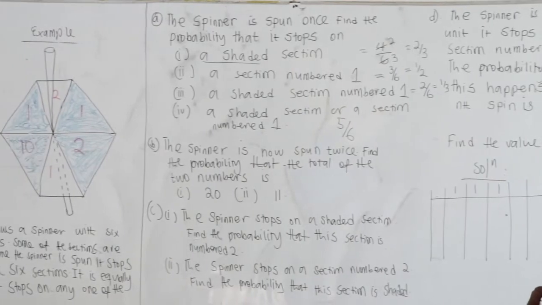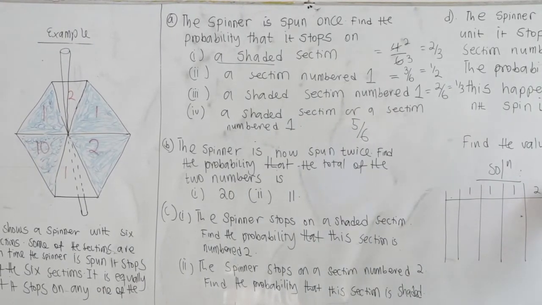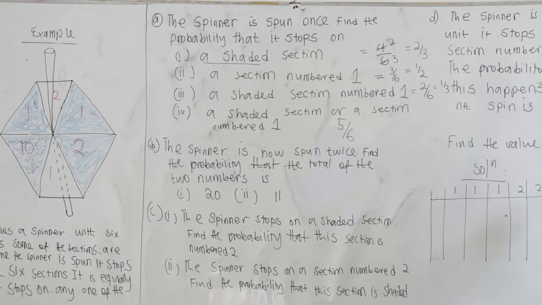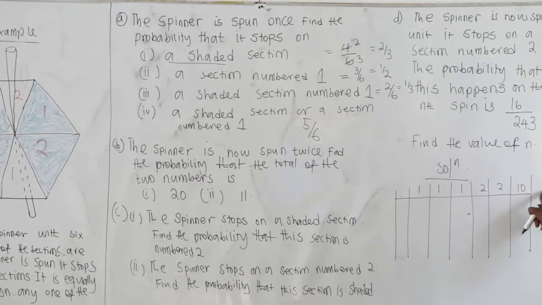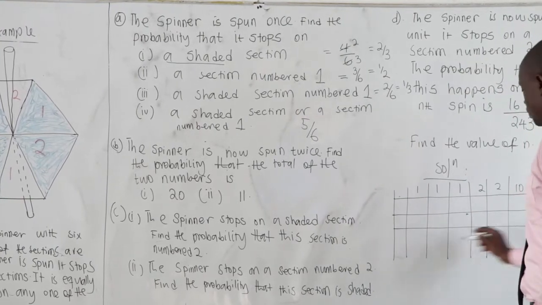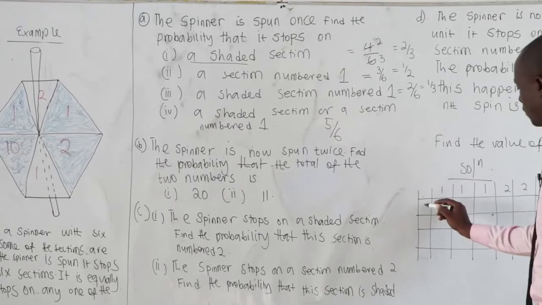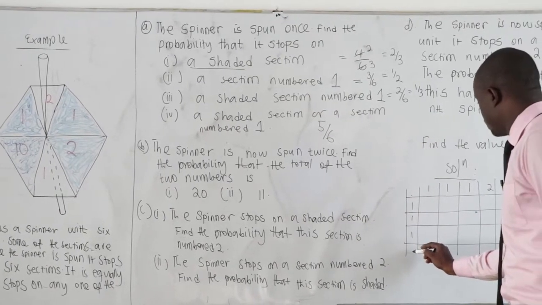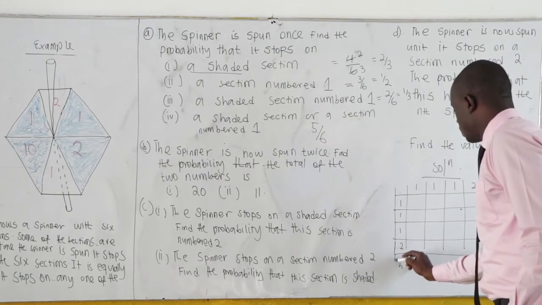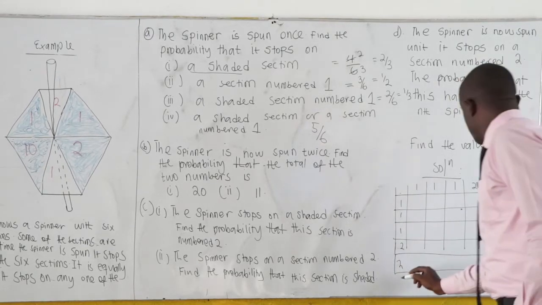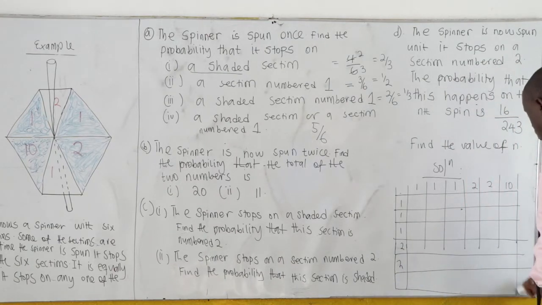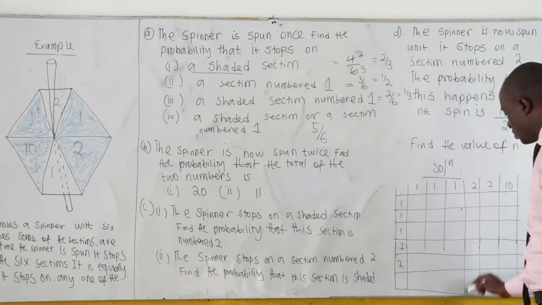And then how many 2s do you have? 2. And we have 10. So we have 1, 1, 1, 2, 2, and then the last one.